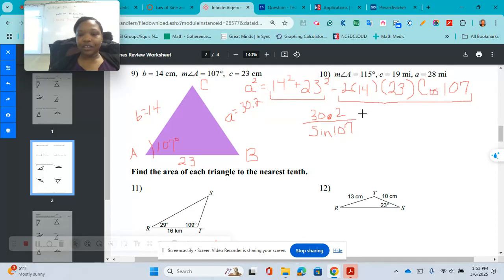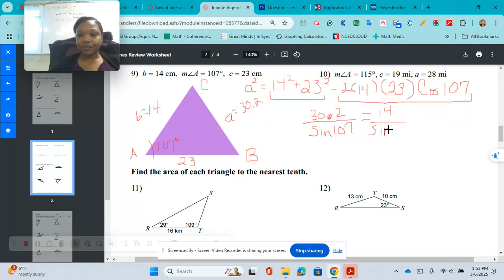Can it be 14, which is the smallest one? 14 over sine of B.